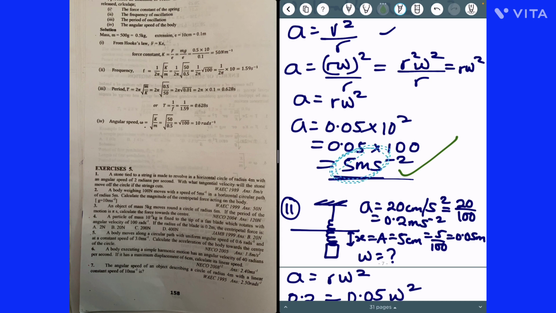Calculate the acceleration of the body towards the center of the circle. So what we mean here is that you should calculate the centripetal acceleration. Every question is similar to the example, just a change of values. So best of luck. You submit that before we start the next class.